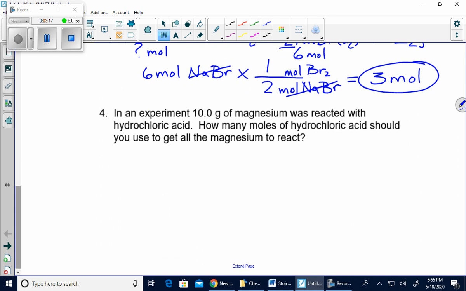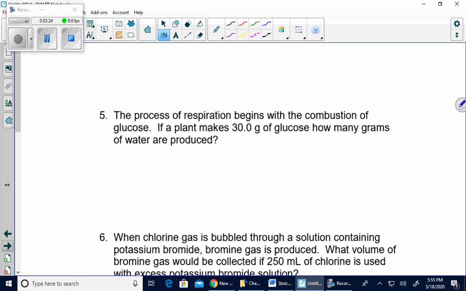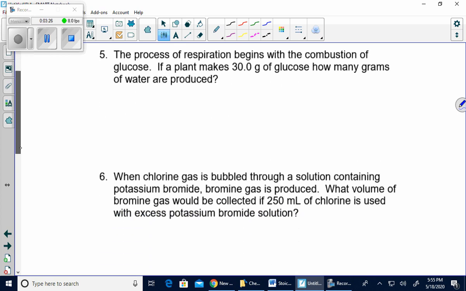Okay, so I'm going to skip 4. You can do that one. And I'll do 5. All right, respiration, glucose.